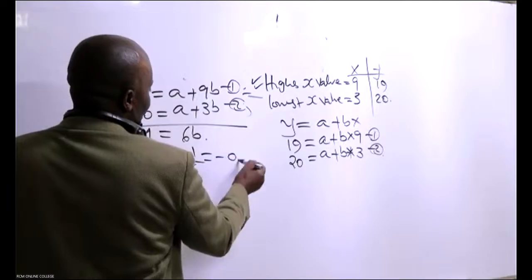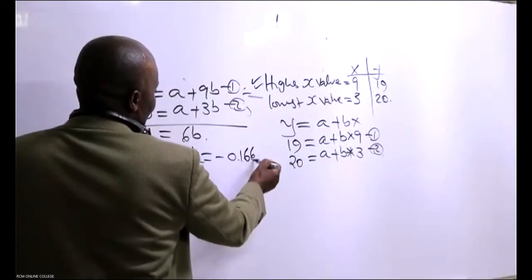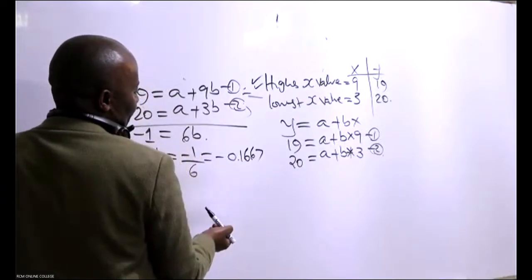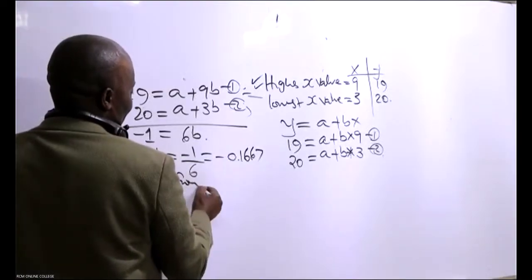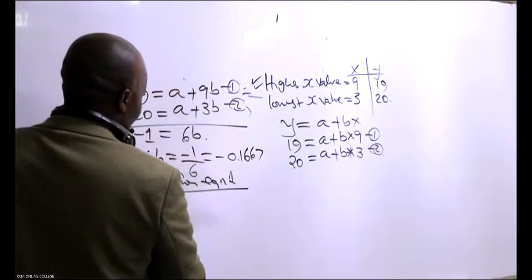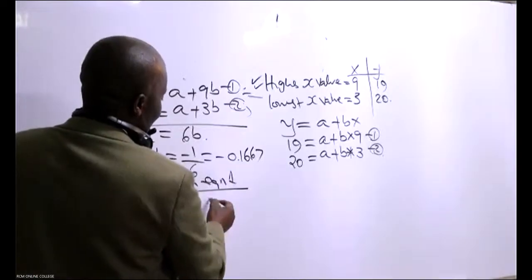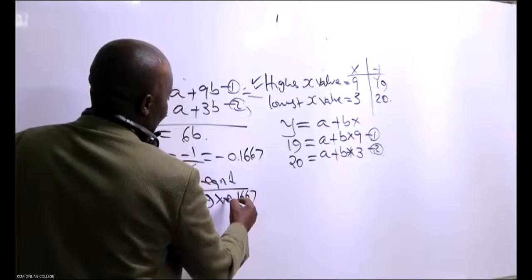Which gave you guys minus 0.1667. Yeah. And then now we can easily get a from equation 1. So it will be 19 equals a that we don't know plus 9b, which is negative here.